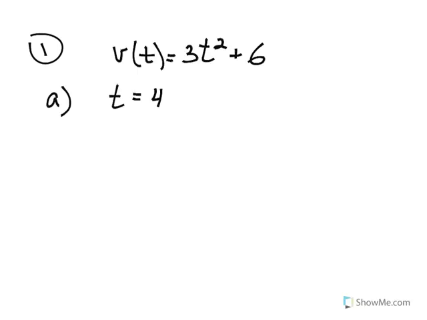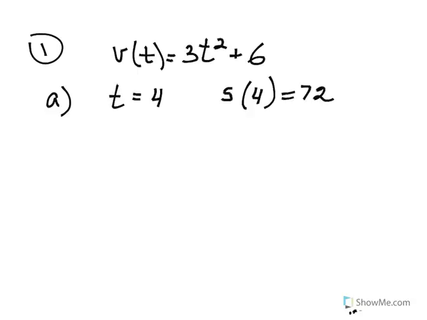Algebraically, how would you write that? I actually prefer s when I talk about position. For my function, I always use the letter s. So it says at t equals 4, so s of 4 equals 72.